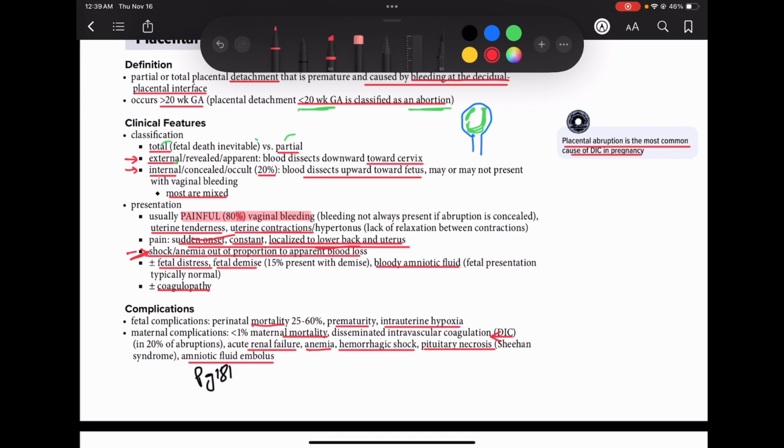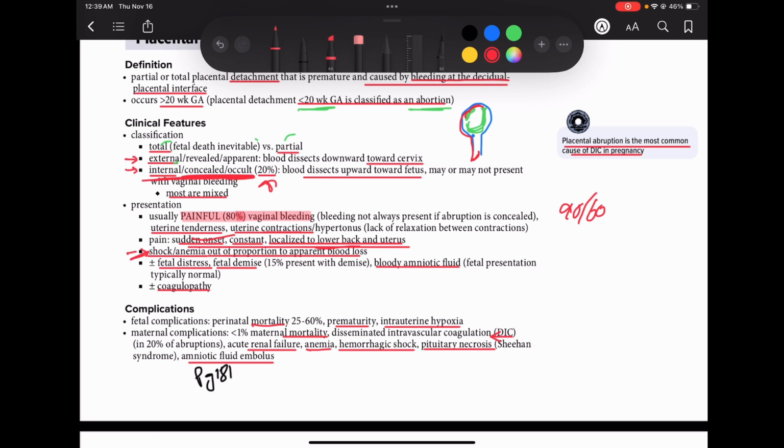And you don't really see much vaginal bleeding, but the blood pressure goes down to 90/60. There might be a huge chance that the placental abruption is internal and concealed or occult, in 20% of cases. What happens is blood dissects upwards towards the fetus and may or may not present with vaginal bleeding.